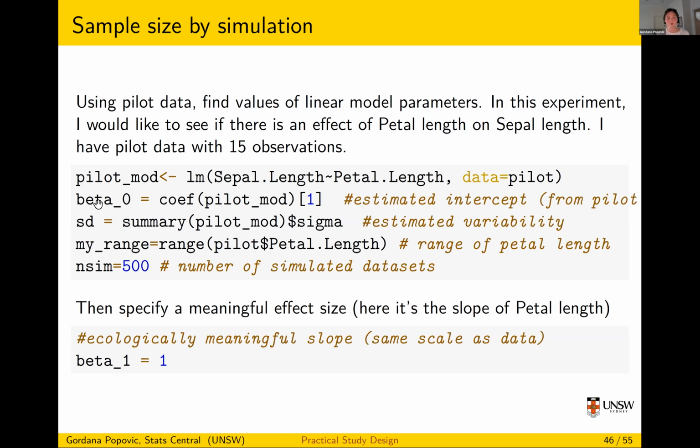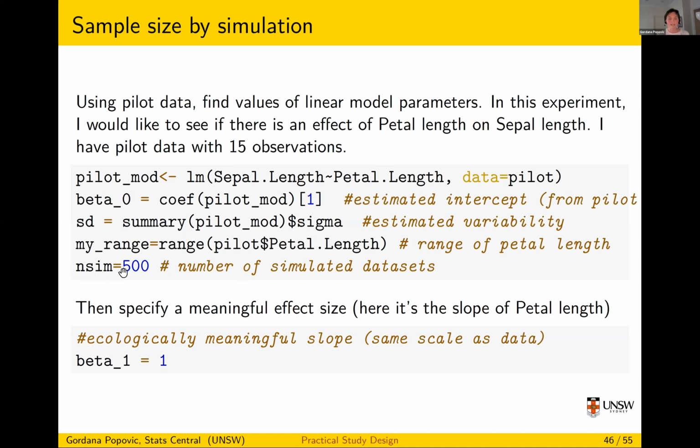I also don't want the intercept, because that's not what I'm interested in. This is a linear model, right? There's an AX plus B component, and I'm really only interested in the effect of petal length on sepal length, so the effect size is going to have to do with that gradient. And so that's what I'm going to focus on here.